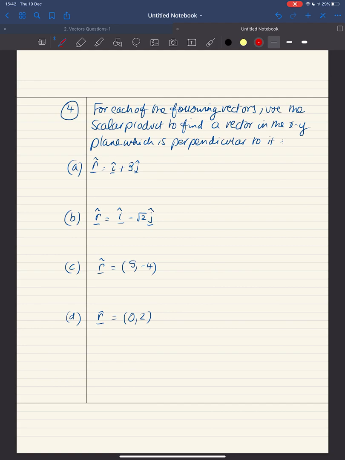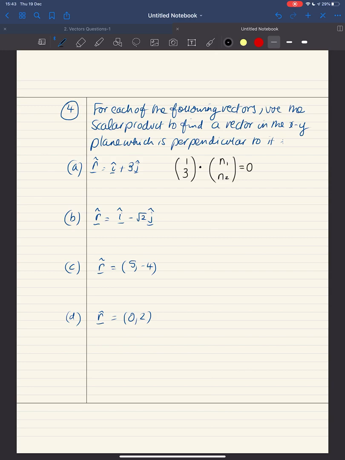Right, number 4. Okay, for each of the following vectors, use a scalar product to find a vector in the xy plane which is perpendicular to it. Okay, so if it's perpendicular, then 1, 3 dot n1, n2 equals 0.